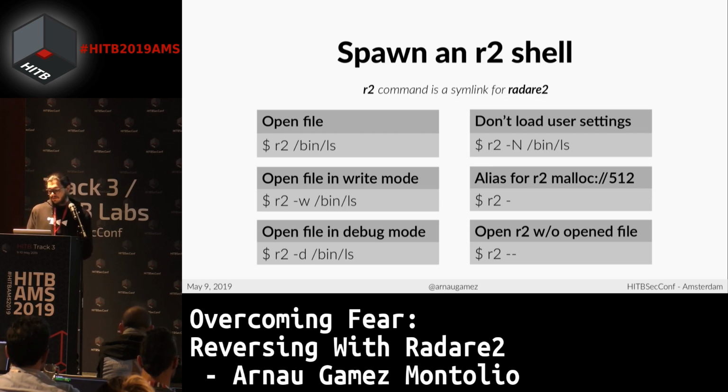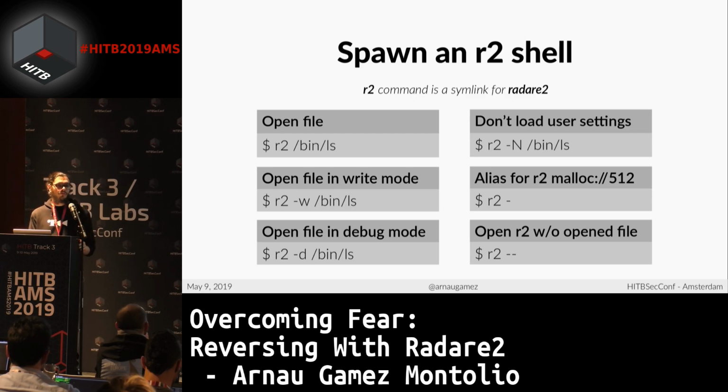And then there are two other quite useful commands for when I just want to open a Radare2 shell but I don't really want to open any file. I just want to look through it, or maybe explore the configuration to configure it, or whatever. I just don't need to open a file. You have two options. The first one is just with a dash.